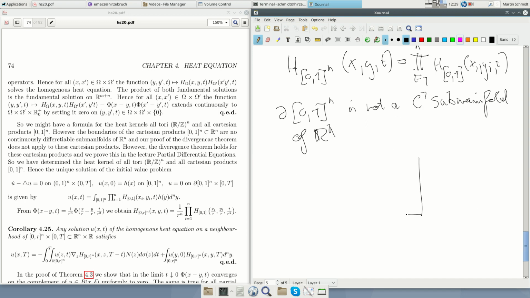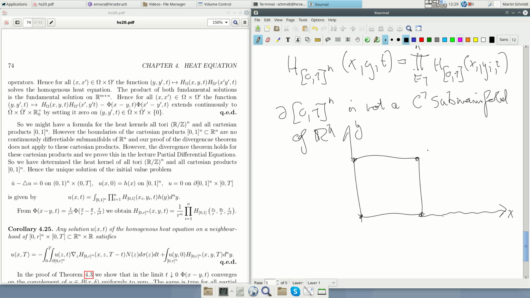In fact, let me draw the picture. Here we have x and here we have y, and at these points we have no tangent space to the boundary. So it's not differentiable, and it doesn't obey the condition of a C1 manifold.